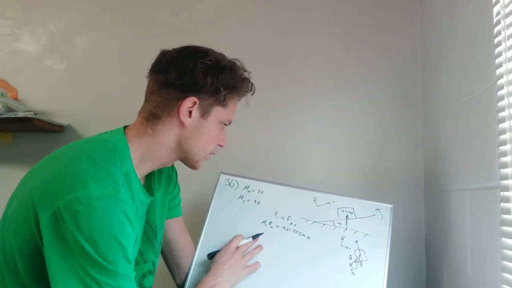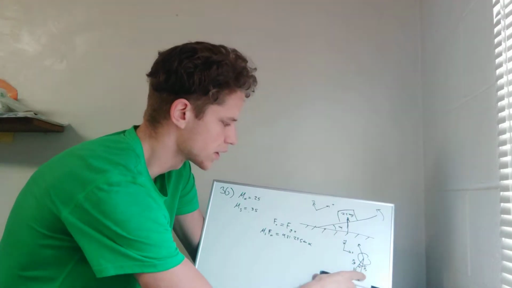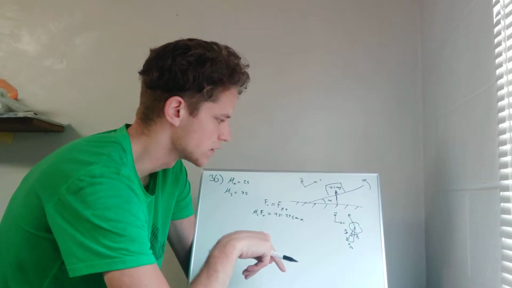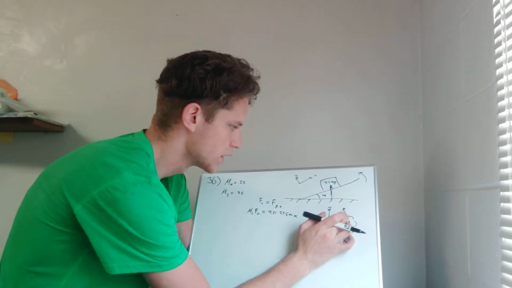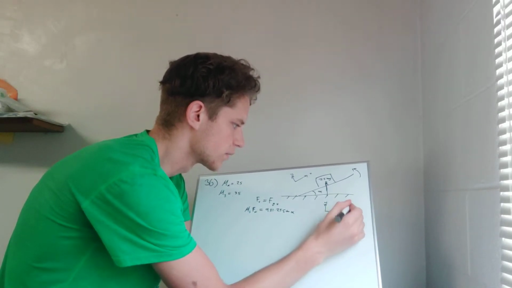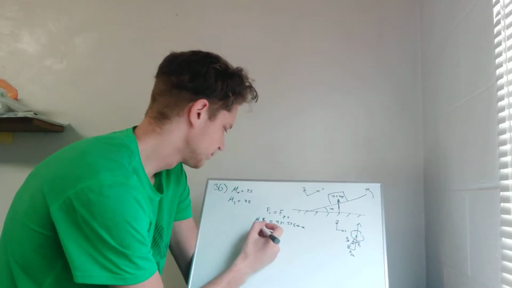And then over here the normal force is going to equal your force of gravity in the y direction, because that's how much is pushing down. No, that's wrong, sorry. The normal force is going to be straight up, and that's going to equal your force of gravity in the y, because it's not moving up or down.